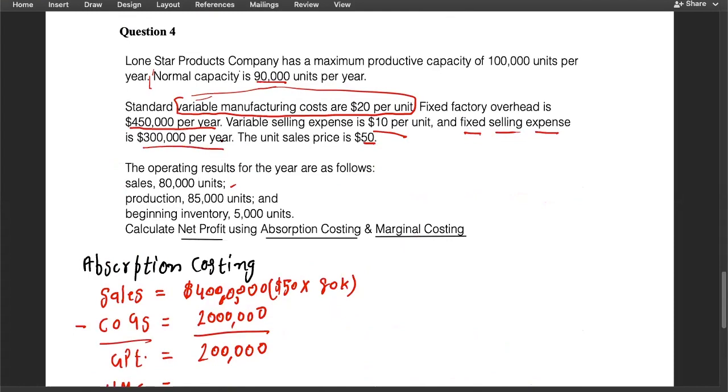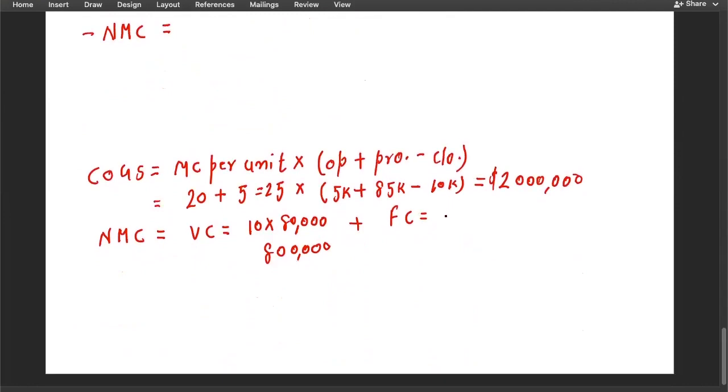That's it. You don't have to use production units. Non-manufacturing cost means non-production. It has no relation with production units. So why are you doing 300,000 divided by 90?